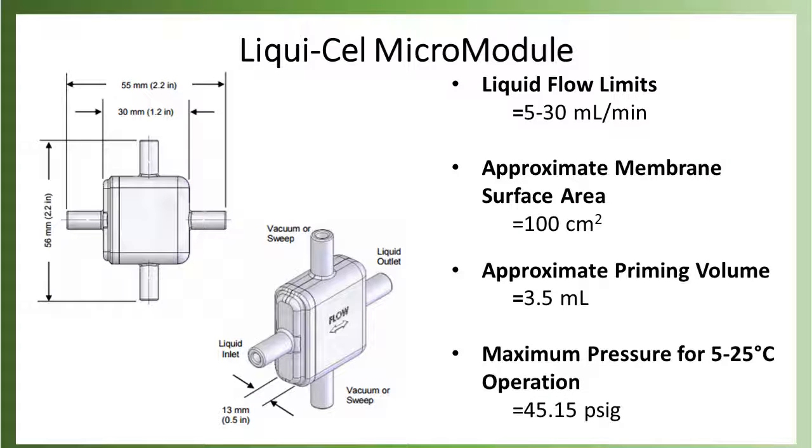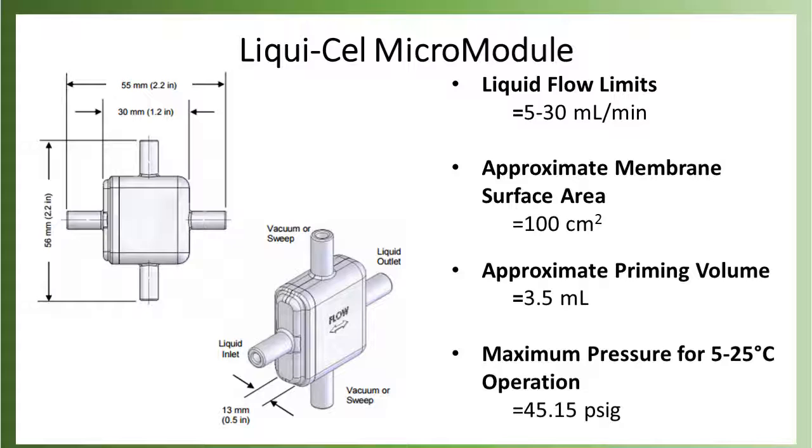This is the Liquicell micro module. It is where the air stripping is actually occurring, and I've got a couple of these that I'll pass around. It has liquid flow limits of 5 to 30 milliliters per minute. I've been working on the low end of this range at the 5 milliliters per minute. However, I will eventually look up to 10 mils per minute.